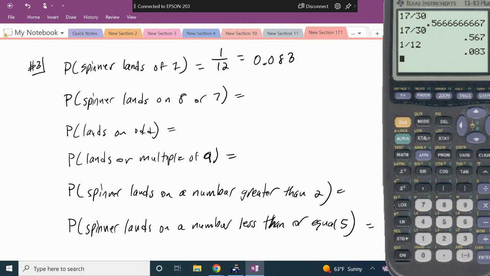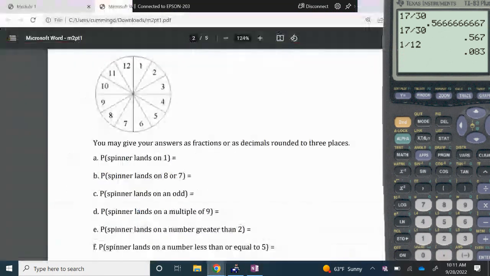Anybody? Okay, now if we go back, so if you look at a 7, there's only one 7. And if you look at the 8, there's only one 8. Right? So that probability would be 2 over 12.